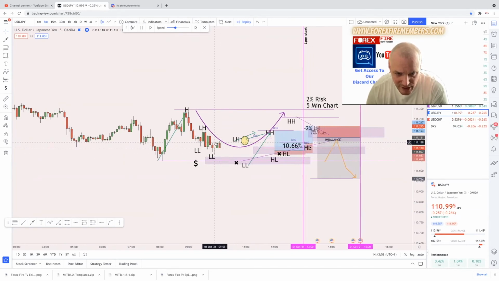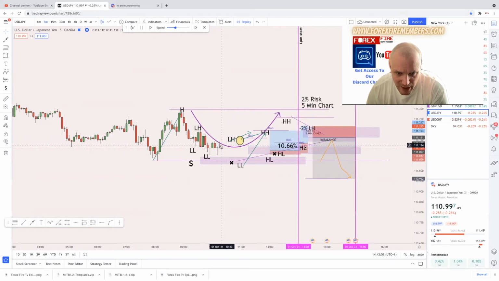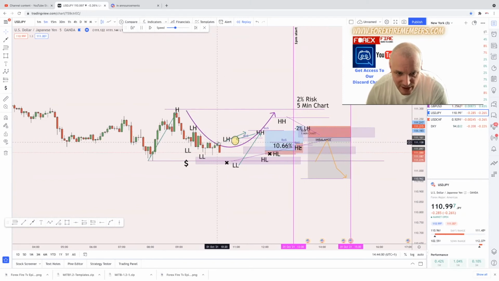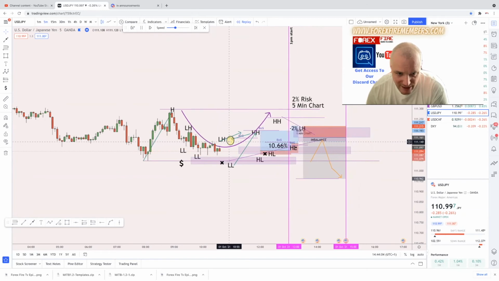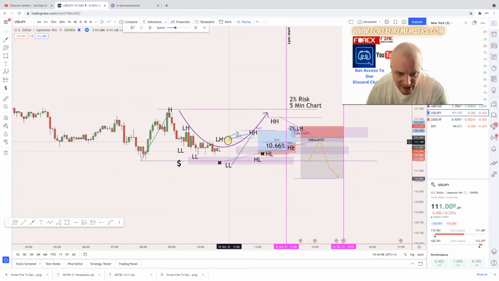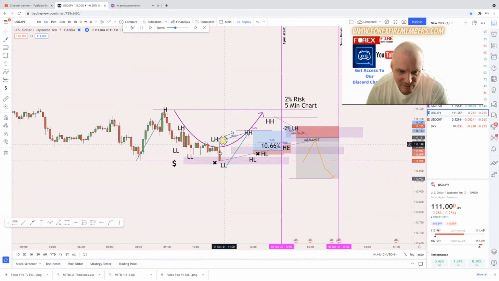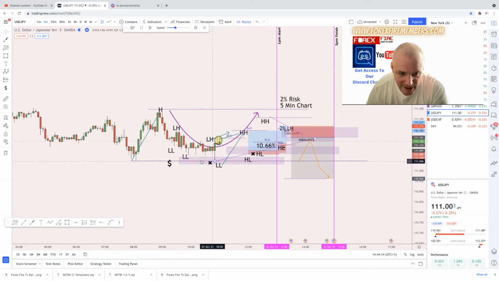Okay, we come back towards play, and as we come back into play, we come back up. We don't break structure up here, so that's creating a lower high to this point here. As it comes up, you'll see it touch that crosshair. Okay, there we are, and a spike down, the lower low, has liquidity.